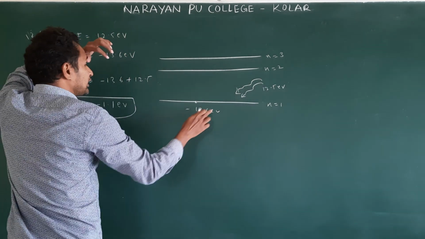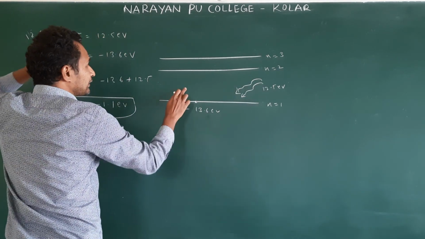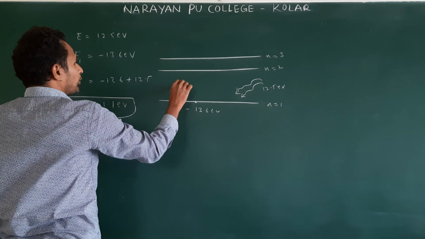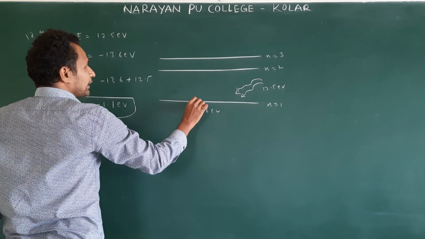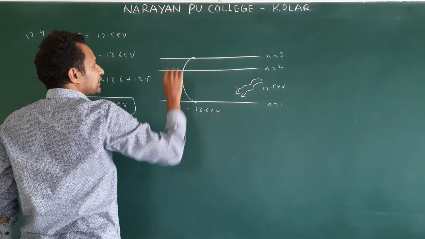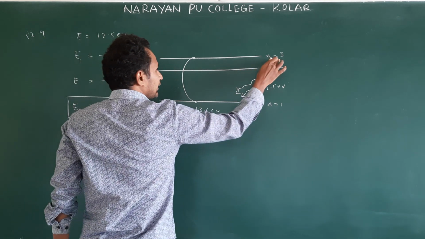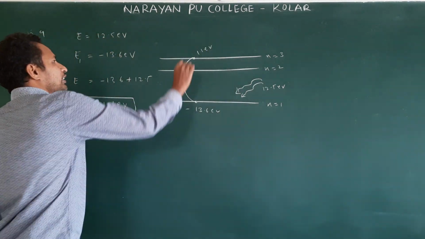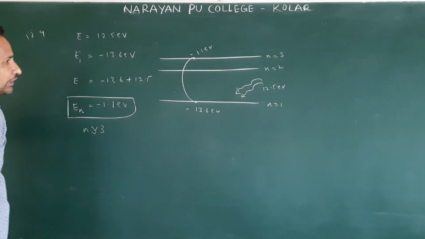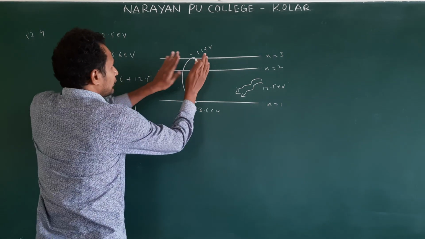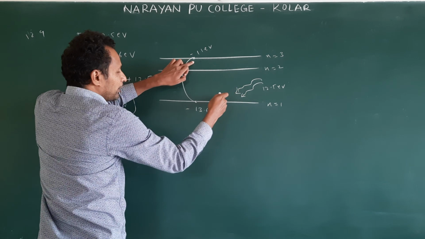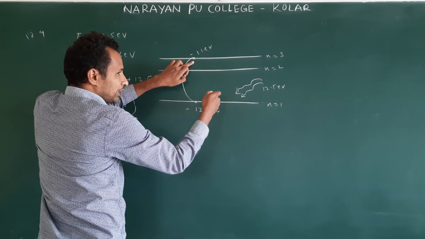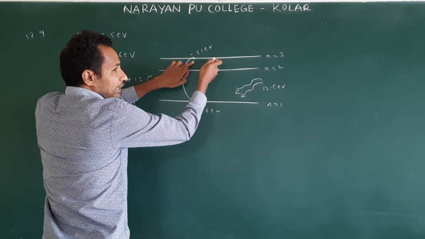So this total energy is absorbed by this electron, and this electron energy will become minus 1.1. So this electron jumps to the n is equal to 3 state. So 1.1 eV minus 1.1 eV. Right? By absorbing energy, the electron is excited to a higher energy.